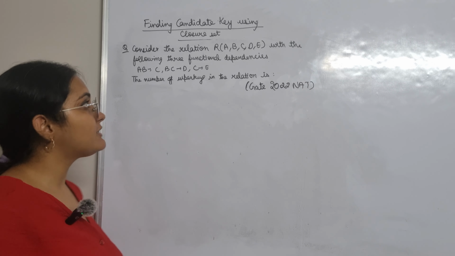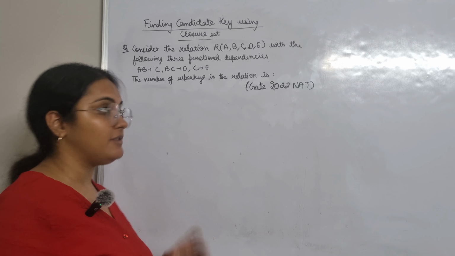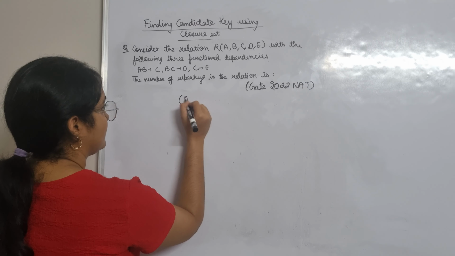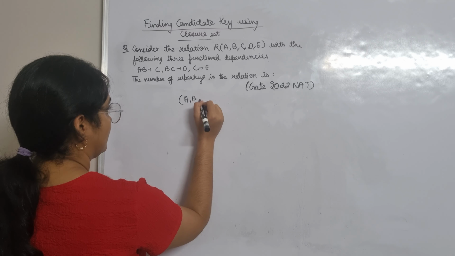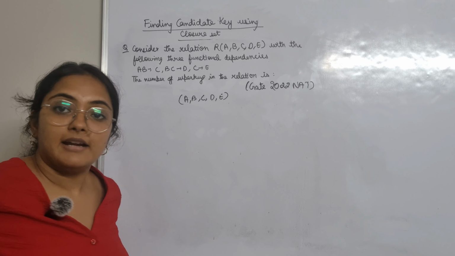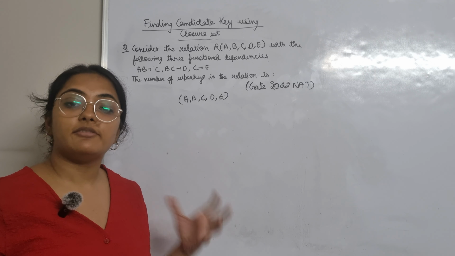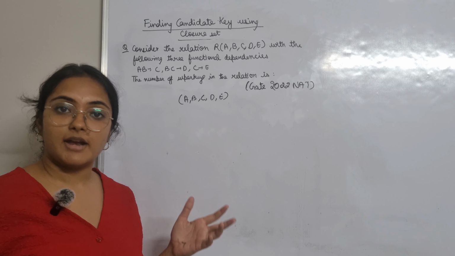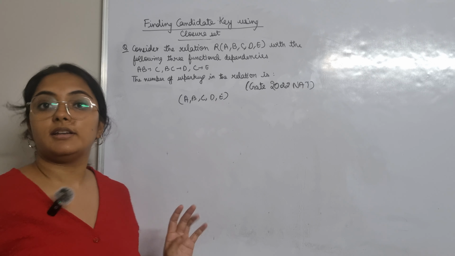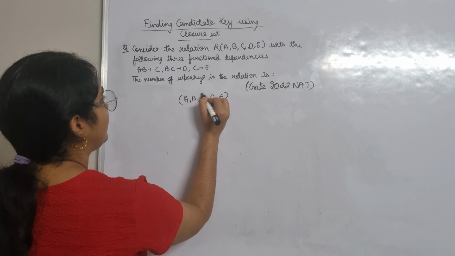The same thing. First we figure out all the attributes that do not appear as the right hand side of any functional dependency. Because any attribute that does not appear on the right hand side of any functional dependency is not functionally dependent on any set of attributes, so it must be included in the candidate key. C can be determined using AB.